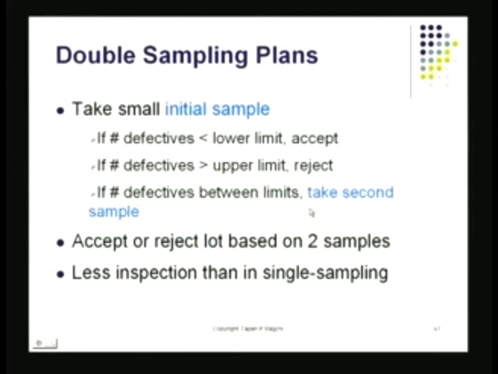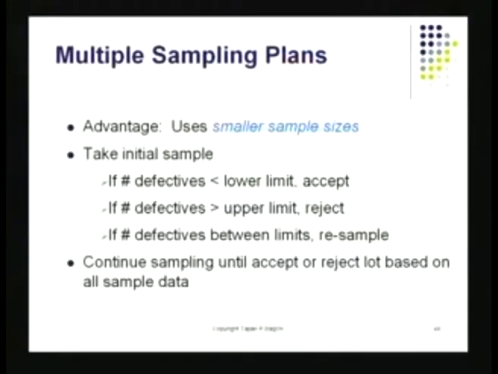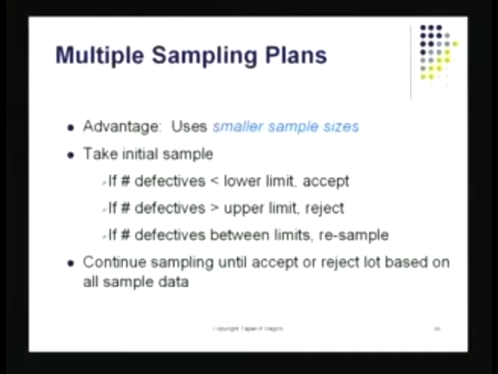What the double sampling plan does beyond the single sampling plan is, on the average it gives you fewer items to sample. That's one of the advantages of using the double sampling plan. So it gives you, generally speaking, a smaller total number of items. I could generalize that.